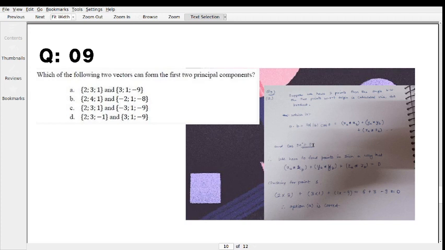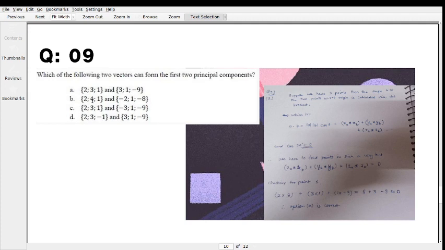The dot product formula is xa into xb plus ya into yb plus za into zb, and so on, for as many points as there are. For example, if there were 4 points, the fourth point of a and the fourth point of b are multiplied together and then added to this series. So the sum will be 0.